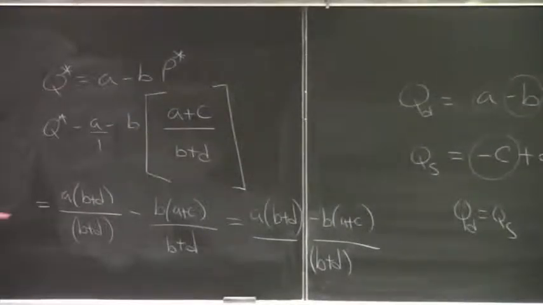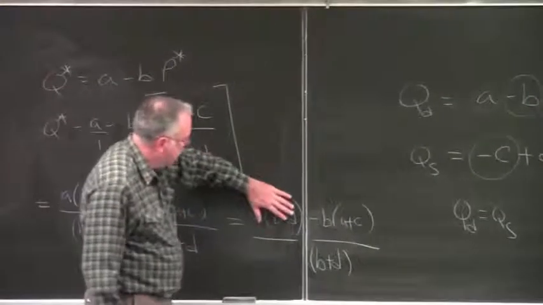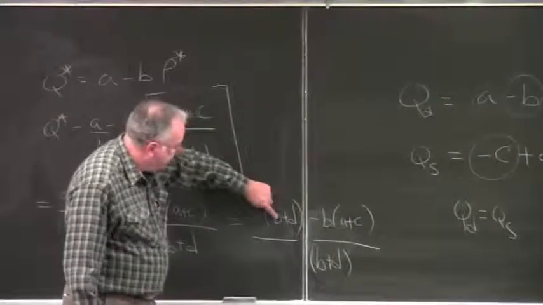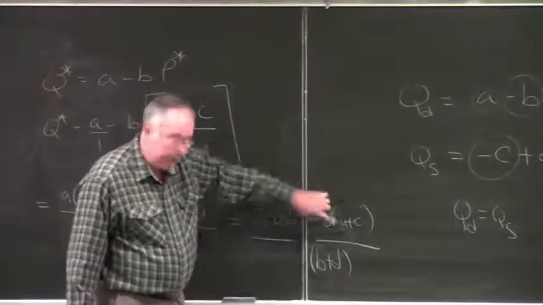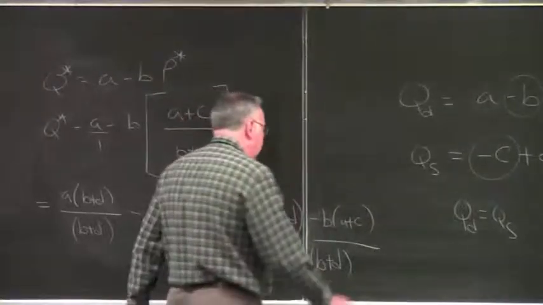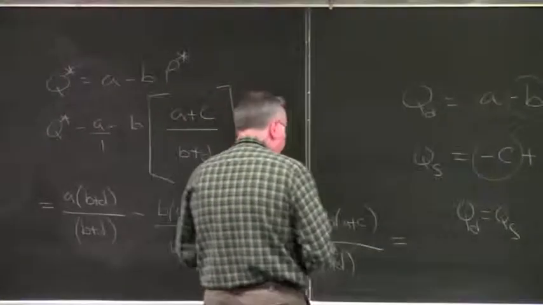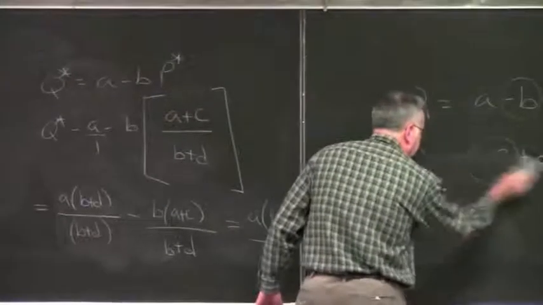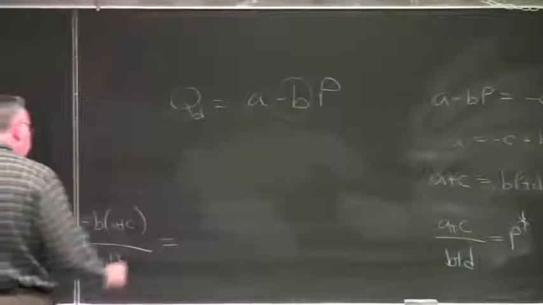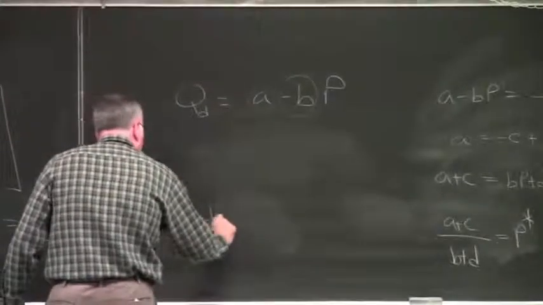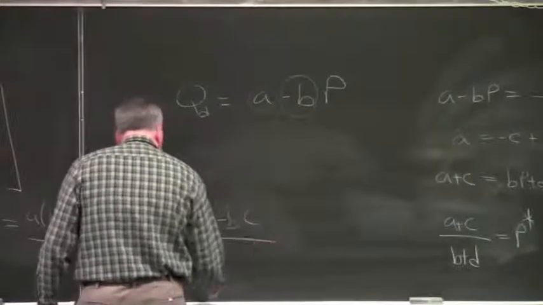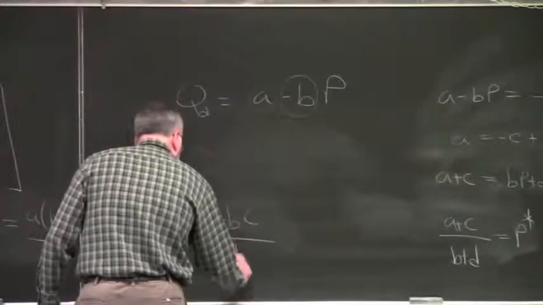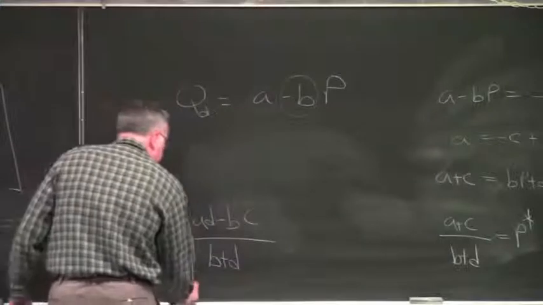Furthermore, if you multiply these two terms out, you get an AB here, and you get a minus AB here. So if you simplify that numerator, what you get is AD minus BC over B plus D. And actually, this is the answer that Chiang has.